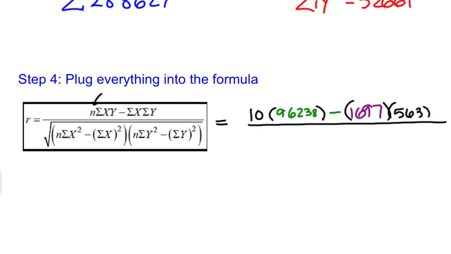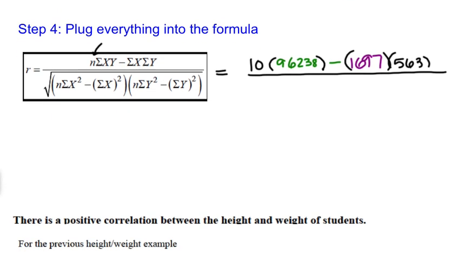Now we go down to the denominator. We have a radical, which is a square root. And we are going to start back with n, which is your number of points, the people you surveyed, 10, times the sum of x squared.